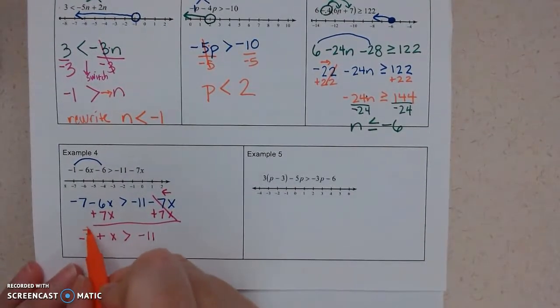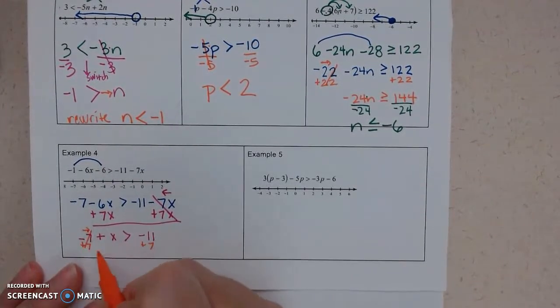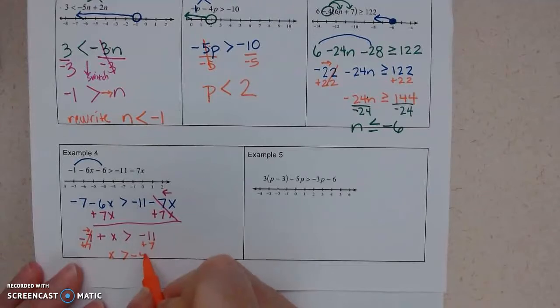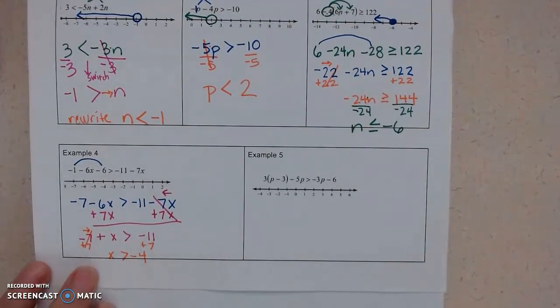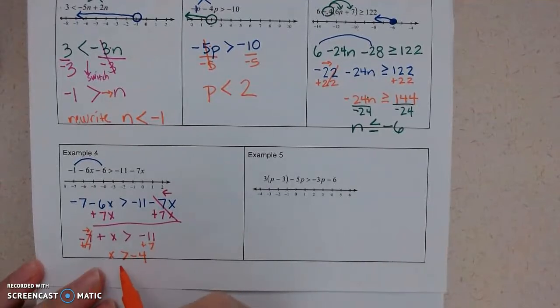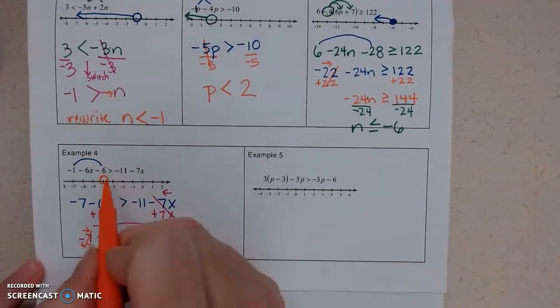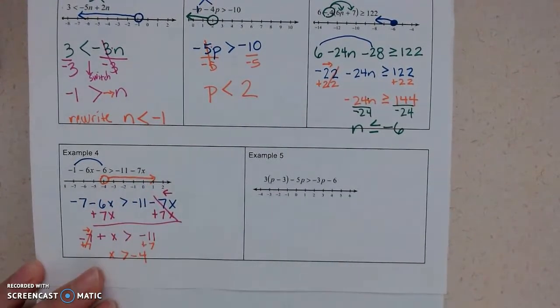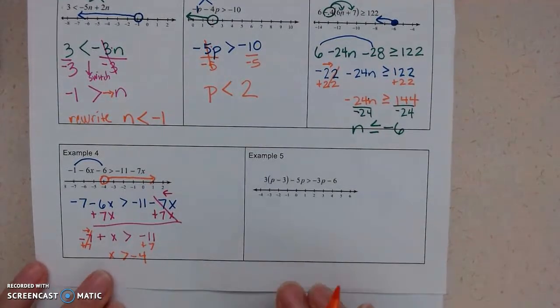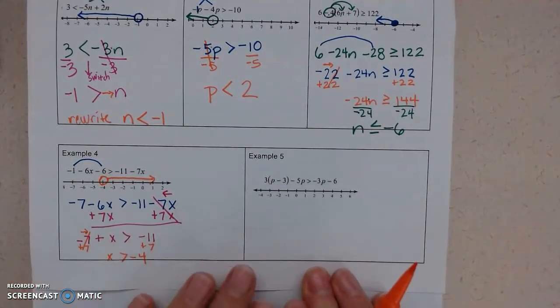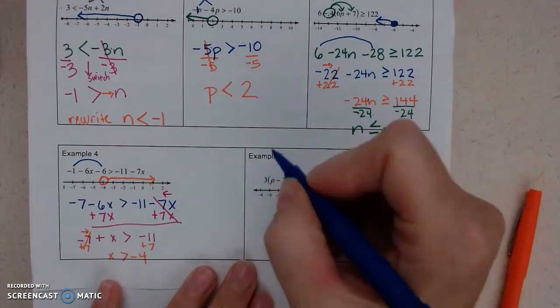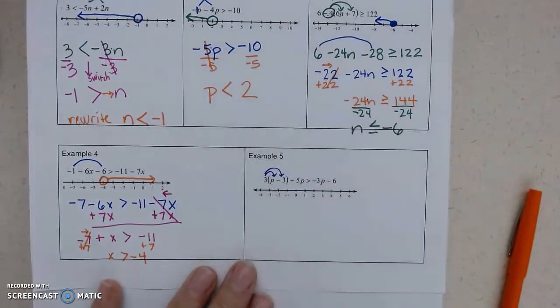So now I need to move my number to the right side. So we're going to add 7. So x is greater than -4. I never divided or multiplied by negative, so I don't reverse my symbol. So we're going to go to -4. We have an open circle. And I need to shade all the numbers that are bigger, which is to the right. So make sure on your homework, I can clearly see what is being shaded and what type of circle you have. All right, our last example, we have a 3 to distribute first.